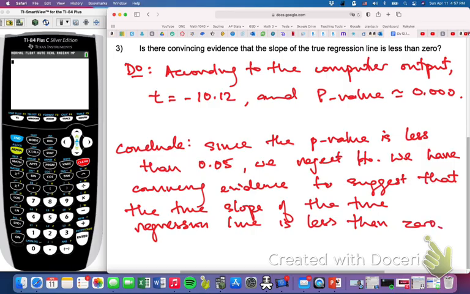So hopefully this doesn't come foreign to you, because we have been doing the 4-step process, we've been doing significance testing. The only difference here is that we are reading the computer output if it's given to you, and there are a couple more conditions that you have to check. So other than that, the same procedure.